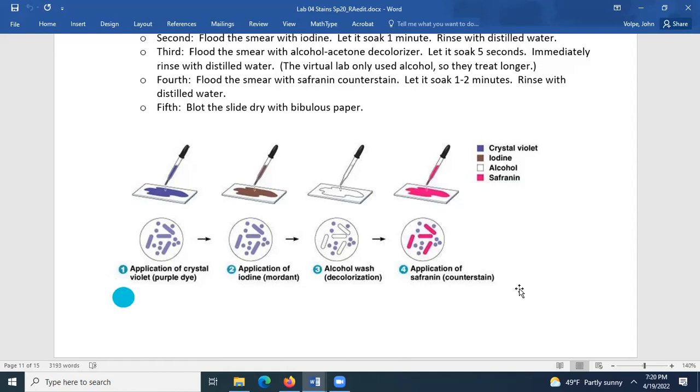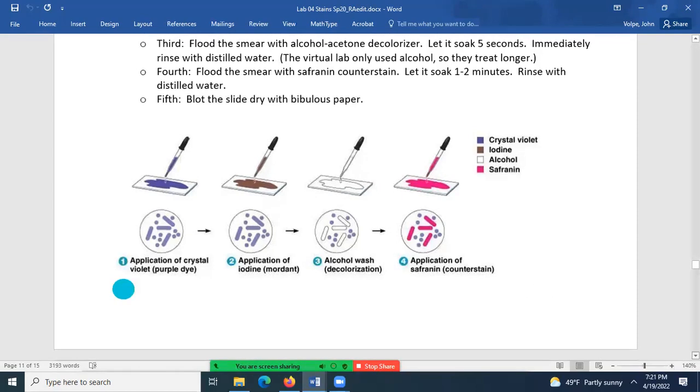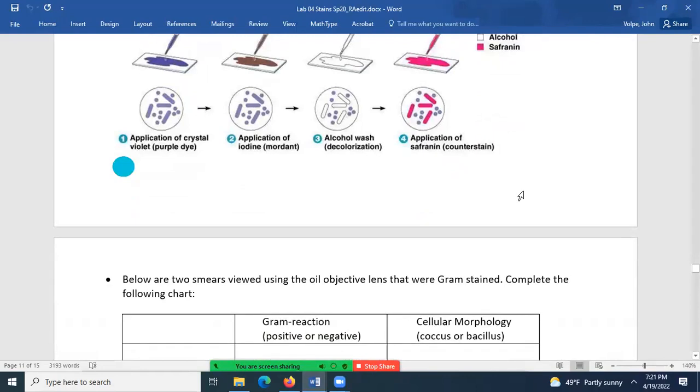You do not scrape the slide onto the paper, but you can blot it. I don't know if you can see this, but put the paper on the slide, this is the slide, and then just blot it. That will remove enough of the water so that you can then observe the cells under the microscope, including under the 100x objective with oil, meaning slight traces of water will not interfere with that.